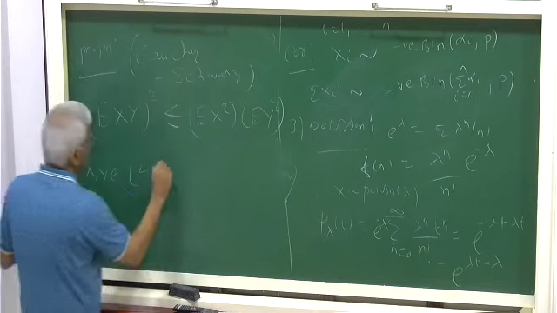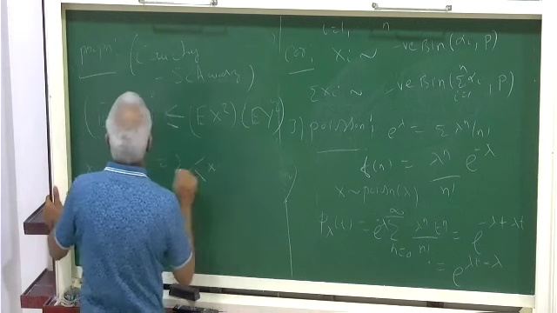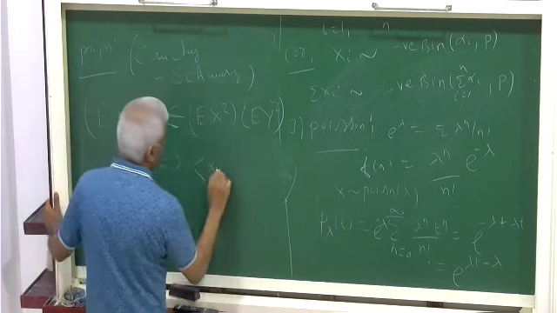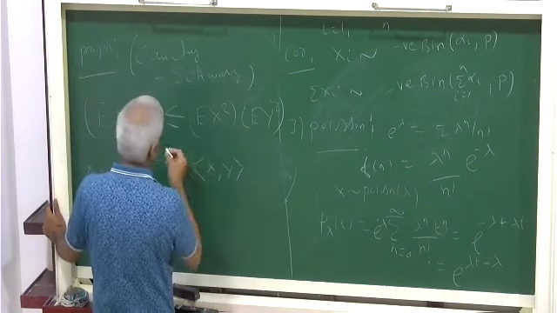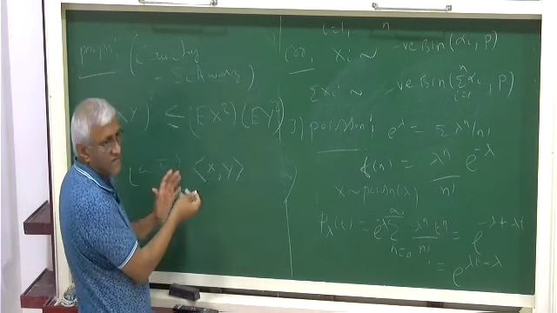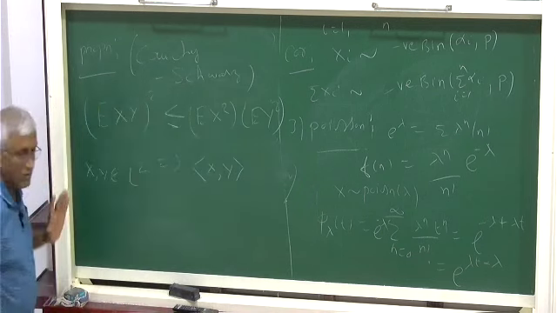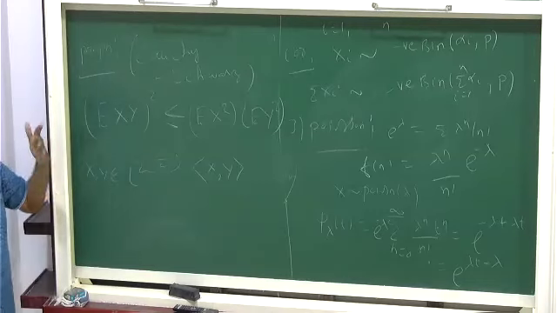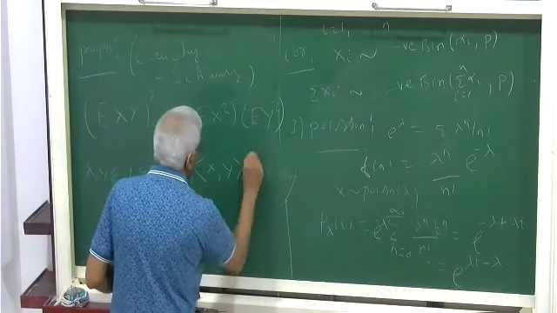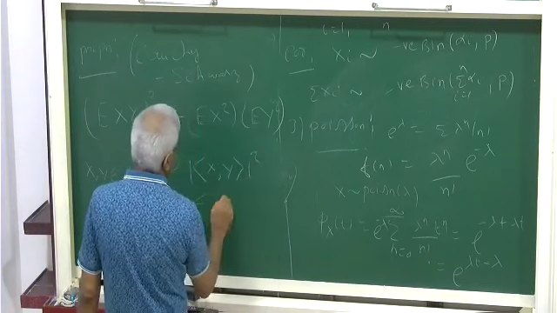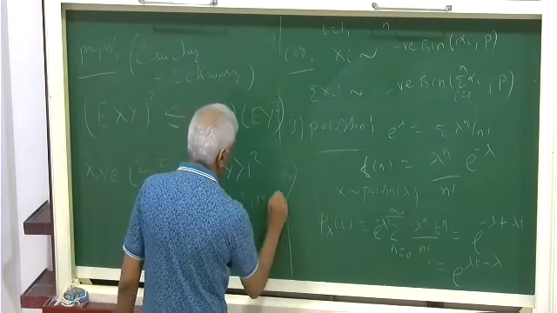Which is equivalent to saying that the inner product of X and Y squared is less than or equal to the inner product of X with X times the inner product of Y with Y. If it is complex valued, you have to put a mod, since the square need not be positive in the complex case. This is usually written as norm X square times norm Y square.